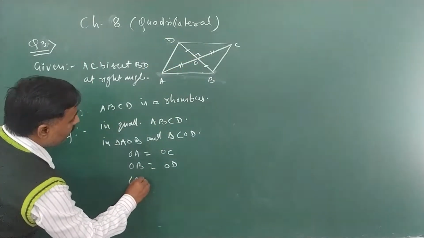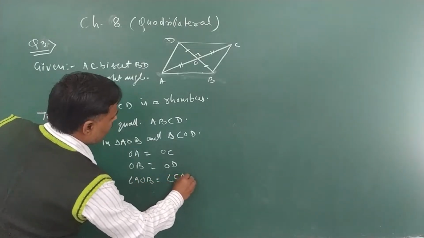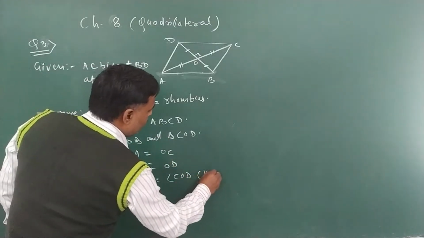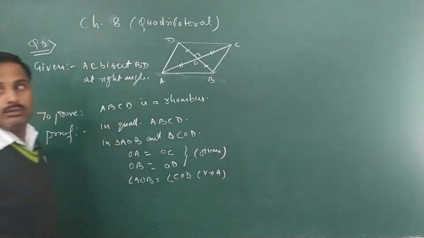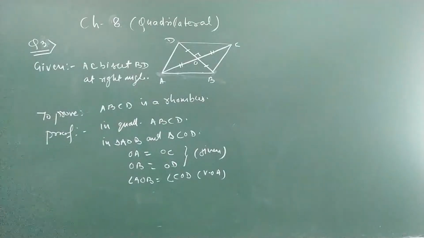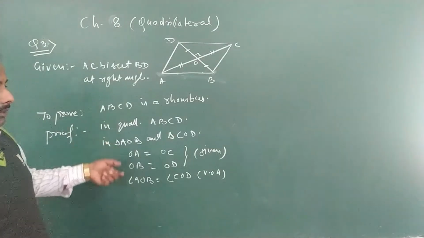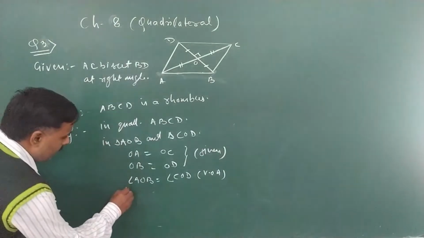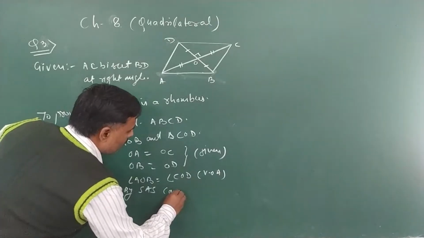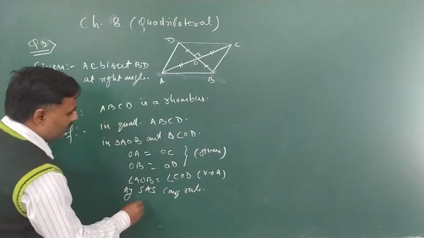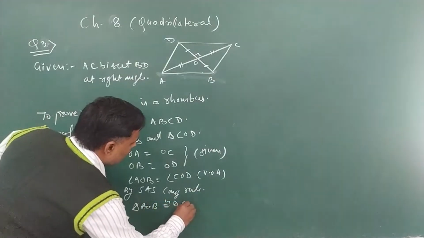So angle AOB is equal to angle COD, vertically opposite angles, and these two are given. So we can see here two sides and the corresponding angle between the sides. We can apply the SAS congruency rule. Triangle AOB is congruent to triangle COD.